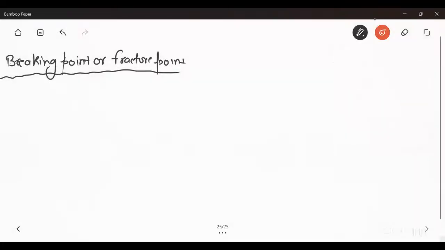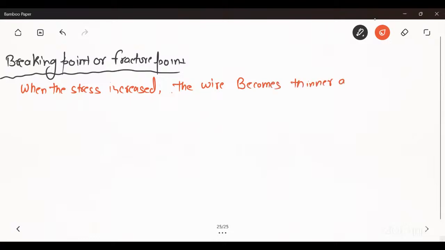So what is this breaking point or fracture point? When the stress increased, the wire becomes thinner and thinner.